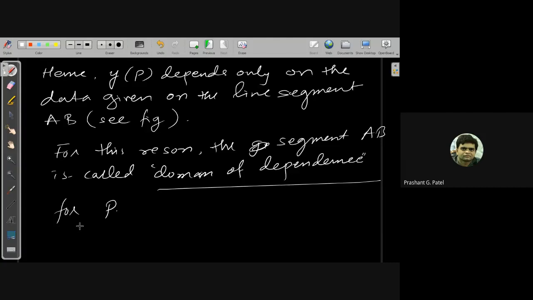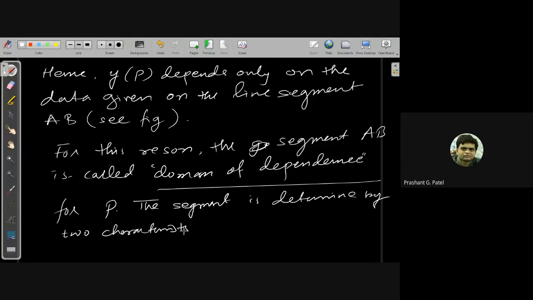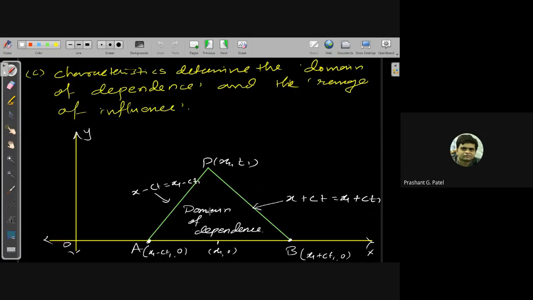And the segment AB is determined by the two characteristics passing through P. In fact, any two points lying inside this triangular region bounded by two characteristic segments and AB will have their domain of dependence within the segment AB.